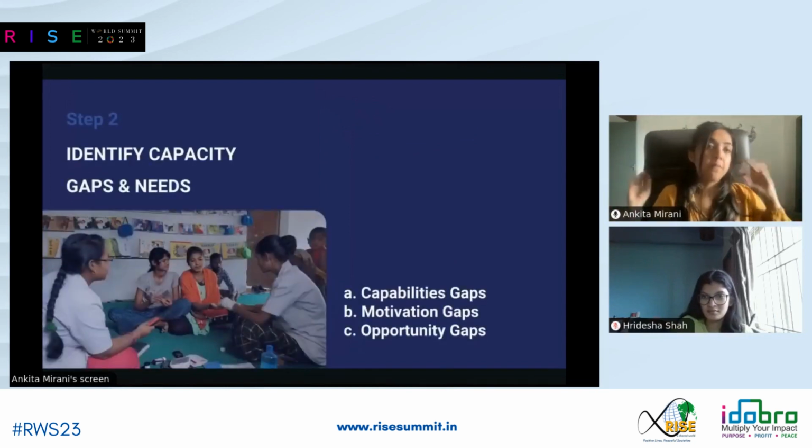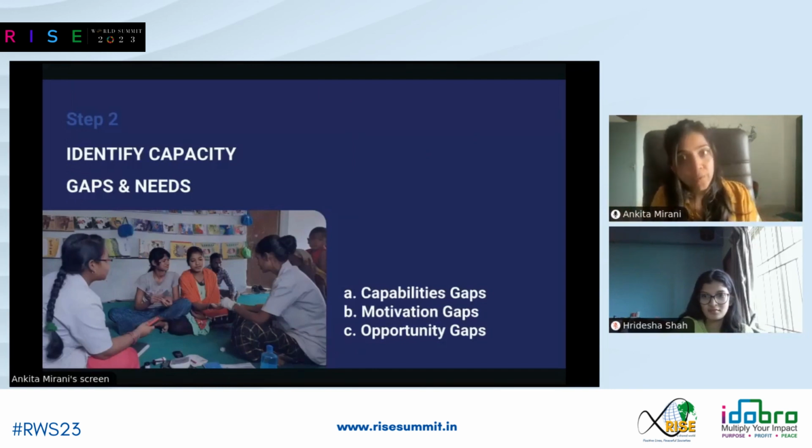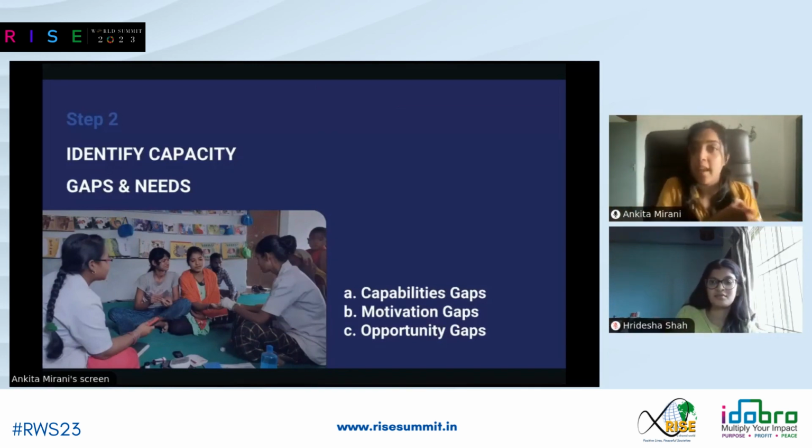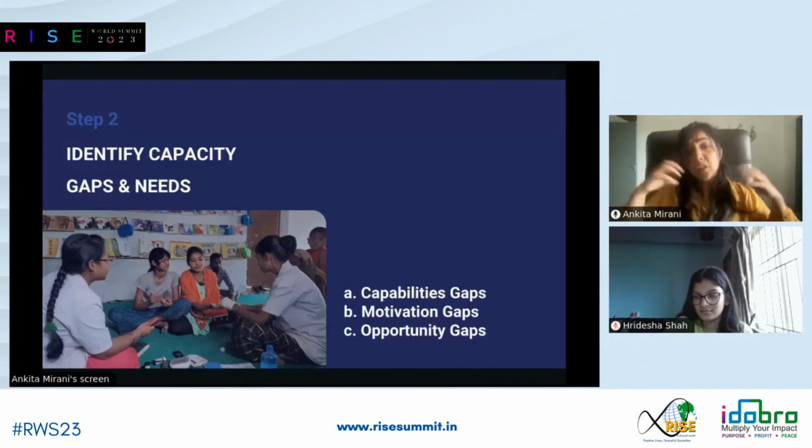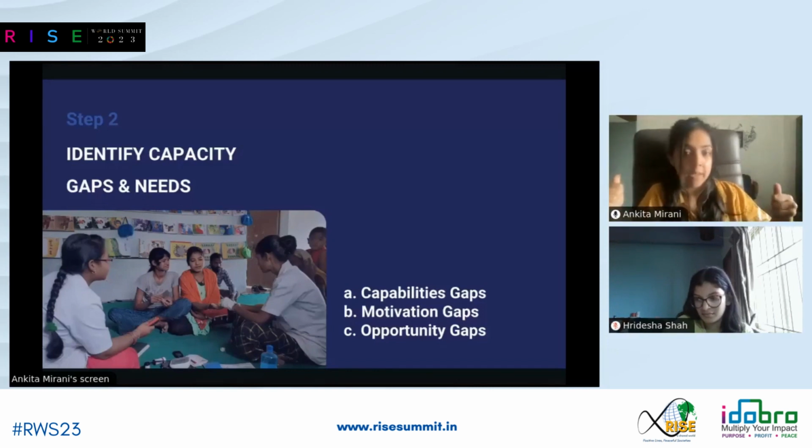Once we've done this, the second thing that we really need to be working on is identifying capacity gaps and needs. So here we are able to understand, okay, now I have an overall goal, but how do I really build their capacity, or in what do I really build their capacity? This is inspired by a behavior change model called COMBI.